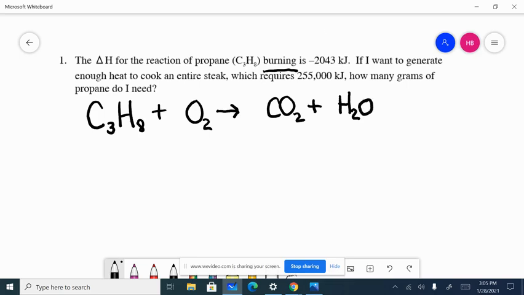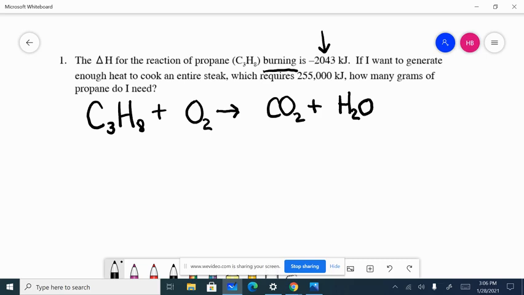It also tells us this number here says negative 2043 kilojoules. There's no such thing as negative heat. The negative sign indicates direction of flow. So the system and the surroundings are the only two parts of the universe we're concerned with.